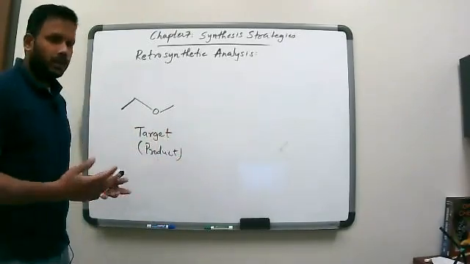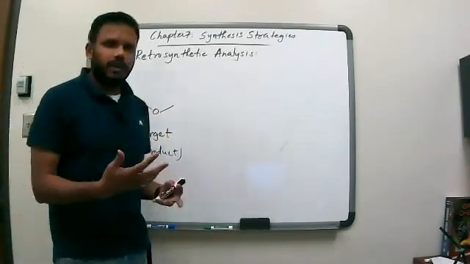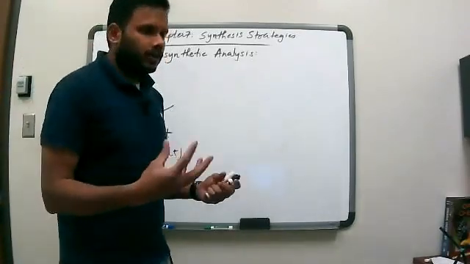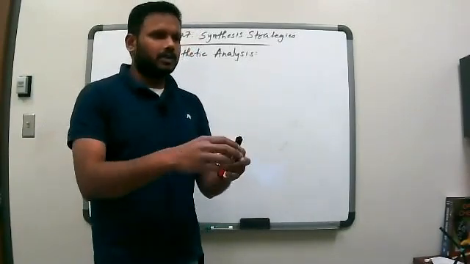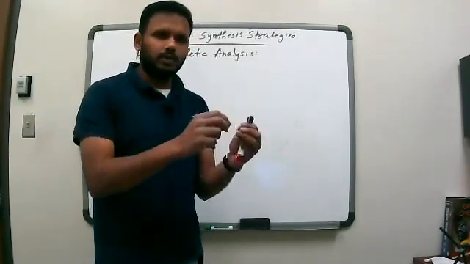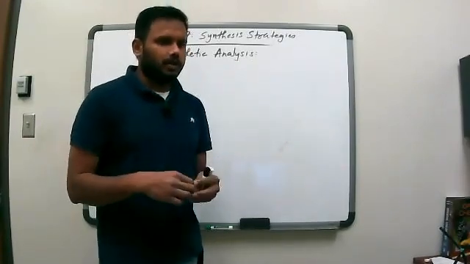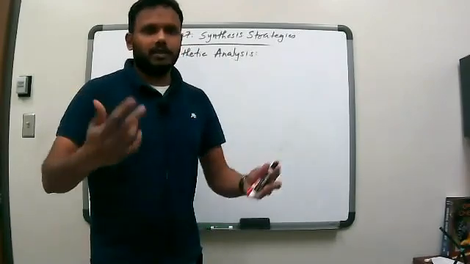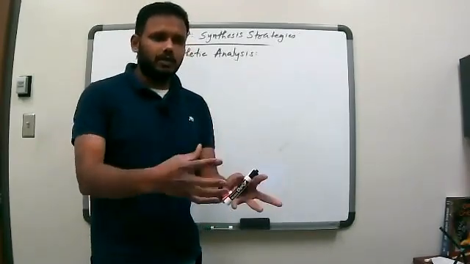This is what organic chemists do oftentimes. Let's say you extract a compound from a plant or some natural source, and you test it for any sort of activity, antibacterial, antiviral, maybe antifungal.